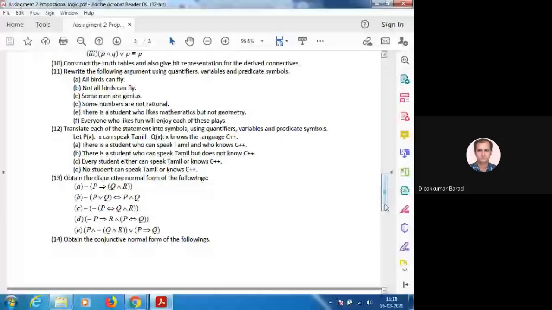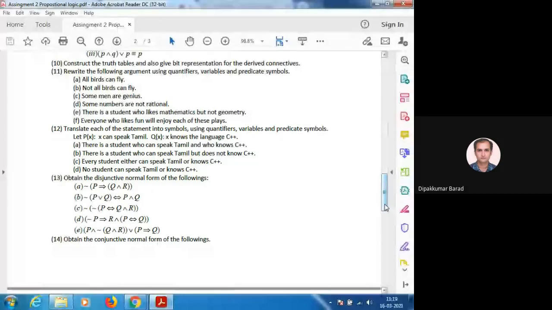Those equivalent statements we have already discussed, like if you are given A complement and B complement, then how to write this. Generally we use three equivalent statements for conversion.